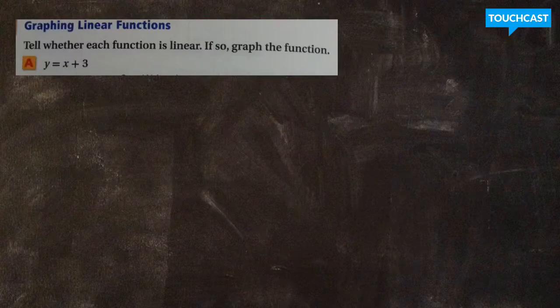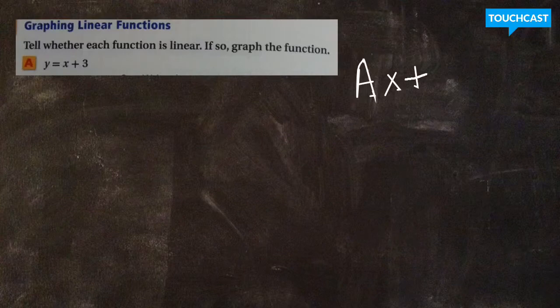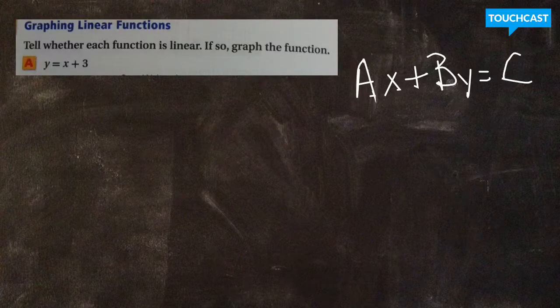And let's just remind ourselves that standard form is ax plus by equals c, where a, b, and c are all real numbers and a and b are not 0. Okay, so we have y equals x plus 3.